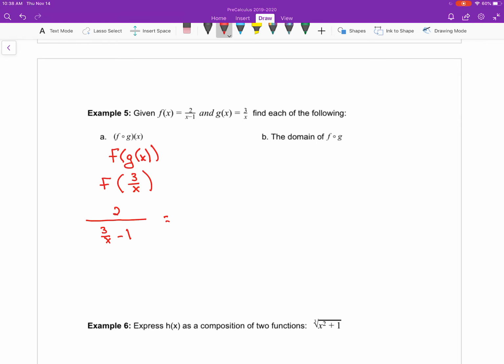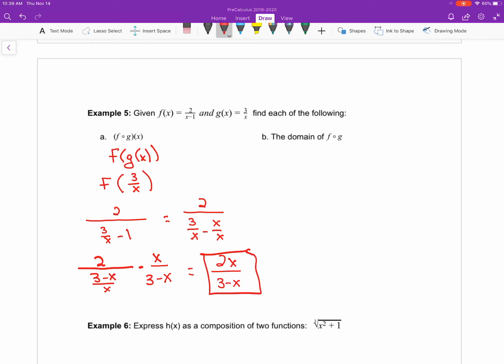So I'm going to make a common denominator. 3 over x minus x over x. So then I get 2 over 3 minus x over x. And in order to get a fraction out of the denominator, I have to multiply by the reciprocal. So I'm going to multiply by x over 3 minus x. So I end up with 2x over 3 minus x. So that's my function. You need to clean that up so you don't have any fractions in the denominator.